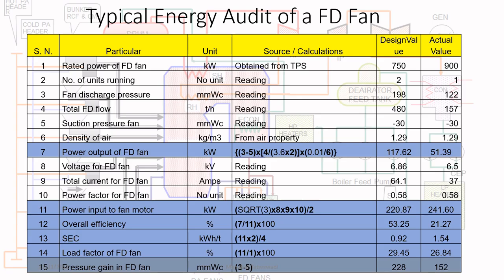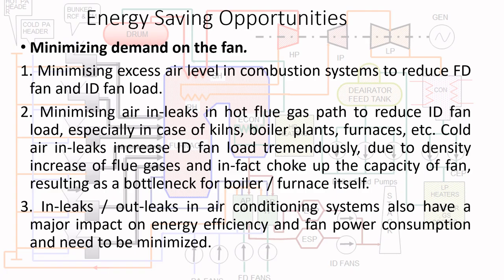Then there are the energy saving opportunities. So how can you save the energy for this? Minimizing the demand on the fan. Minimizing excess air level in the combustion system, you can reduce the FD fan and ID fan loads.